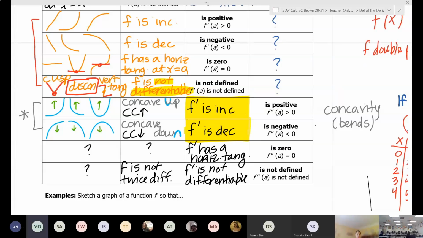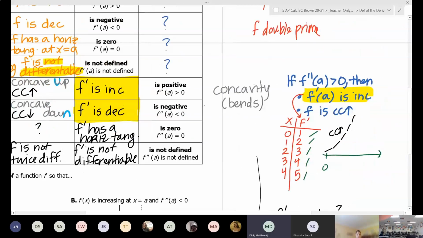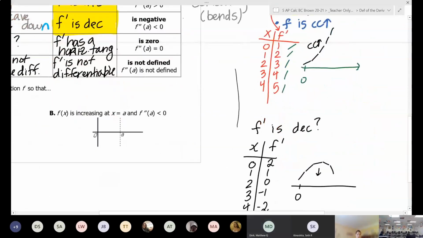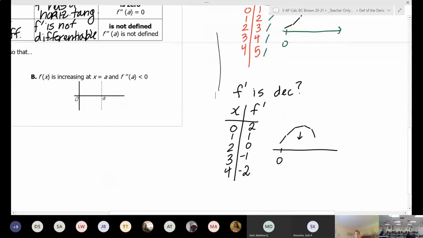On the f double prime positive, when a is positive, how is f prime increasing if, on that second graph example, wouldn't it be decreasing at that point? So you have to keep in your head, there's a difference between saying something is decreasing and something is negative.